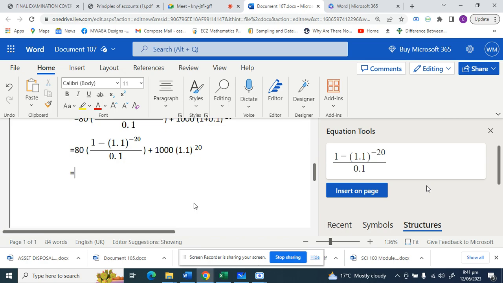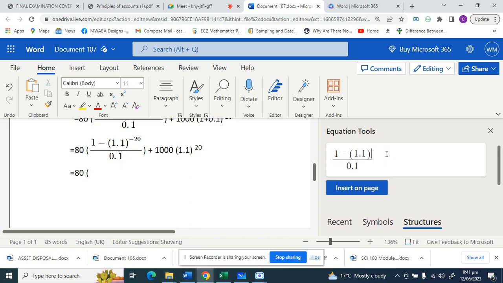What do we get? 0.1486. And 1 minus 0.1486.